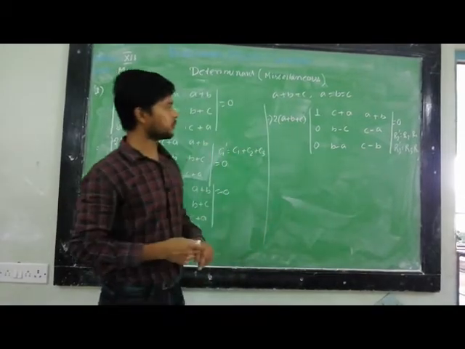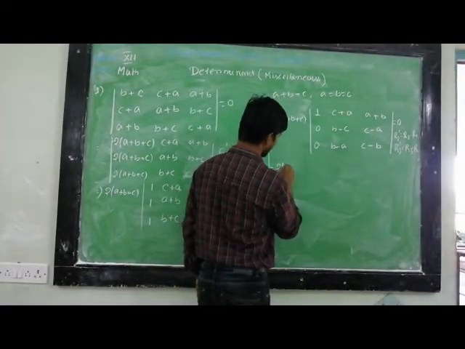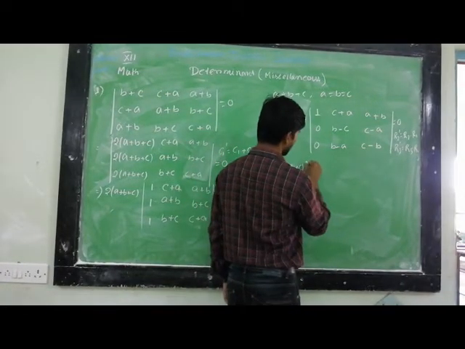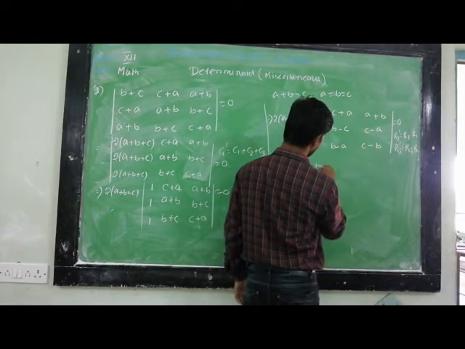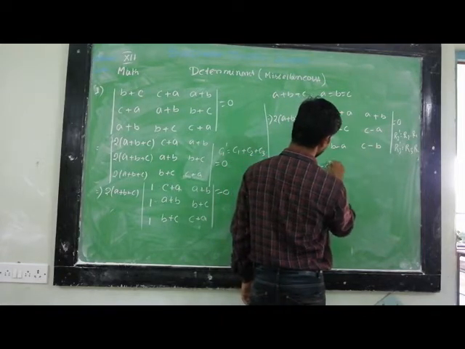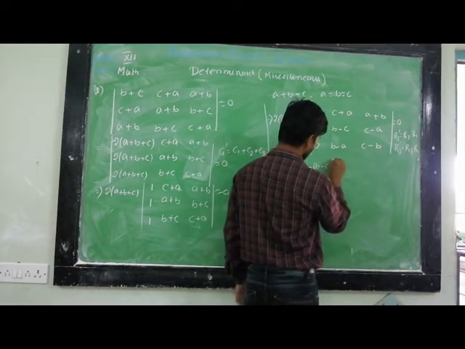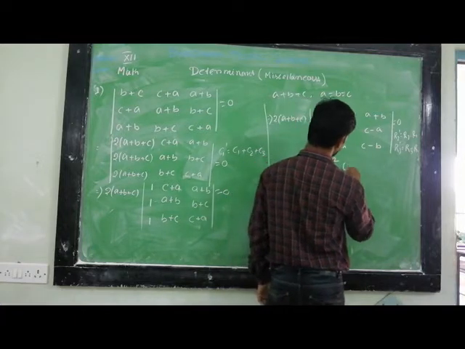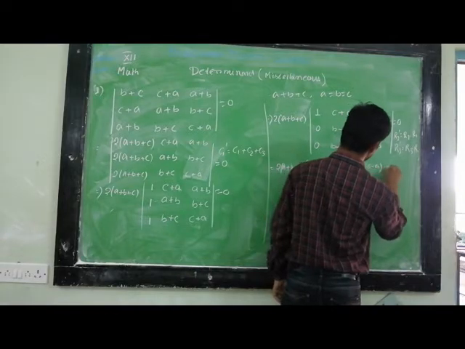Now expand the determinant along the first column. That means 2 into (A plus B plus C) into 1 into (B minus C)(C minus B), so we can write minus (B minus C) whole square, minus (B minus A) into (C minus A), which is equal to 0.